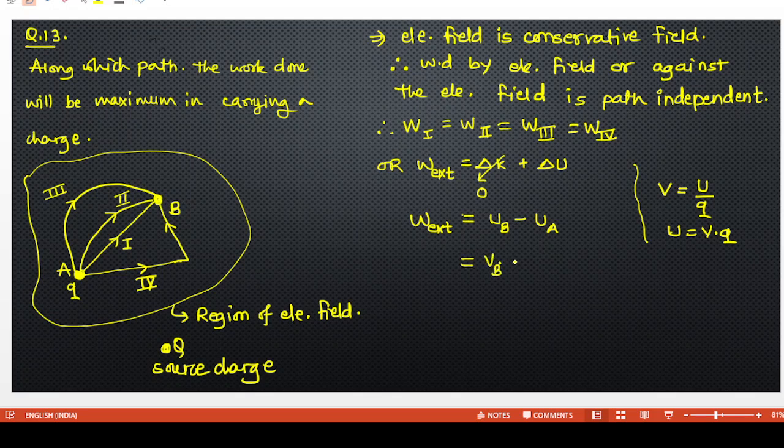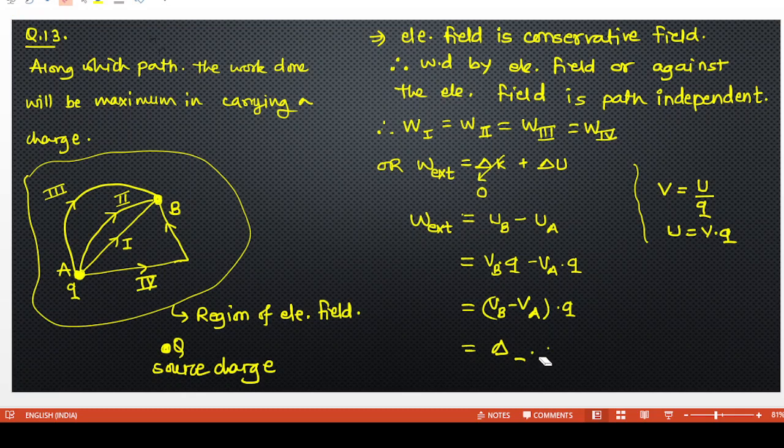Potential at B into your charge, minus what is your potential energy at A? Potential at A into your charge. So clearly it is VB minus VA into Q. Clearly it is potential difference into charge.